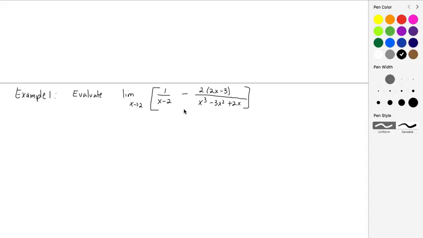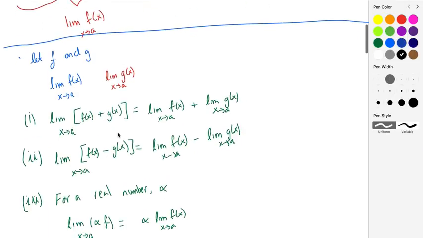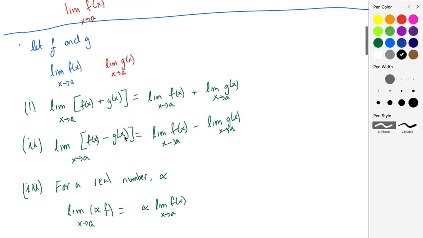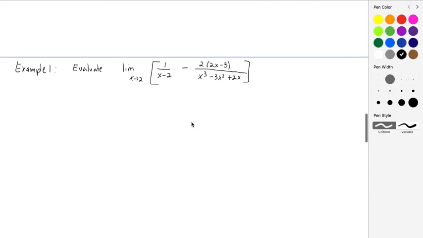Because we know that the limit when we subtract two different functions is just the limit of them taken separately, we can just look at the limit of each of these separately. The problem with this is that we won't be able to know the limit of this function because the denominator cannot be 0.